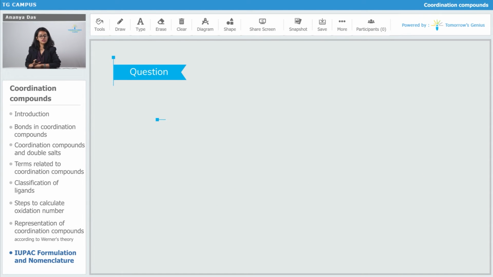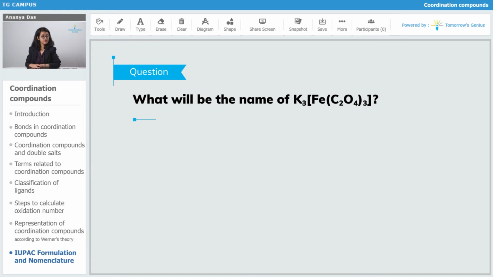So we'll do questions now based upon IUPAC naming, which is a culmination of all the rules that we have studied till now. So the question states, what will be the name of this complex? Now cation will be named before anion, so first we write potassium, then give a space.